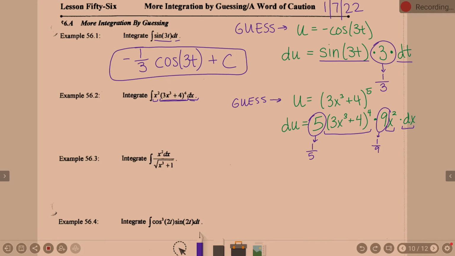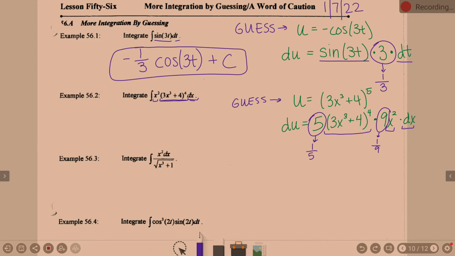Because when you take that derivative, how are you going to cancel out that 9? Well, there's going to be a 1/9 already there. How do you cancel out that 5? There's going to be a 1/5 already there. So, our guess was good, except we need a 1/5 and a 1/9. And if you put them together, a 1/5 times a 1/9 is a 1/45.